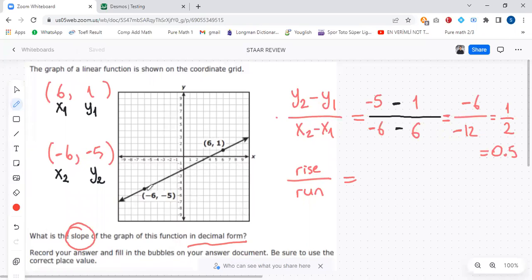What we can also do is rise over run. If you start from this point, we're going to rise first, so you want to start from the bottom point. And then how many units do we rise up? 6 units upwards. And then we are going to go to the right-hand side, right?